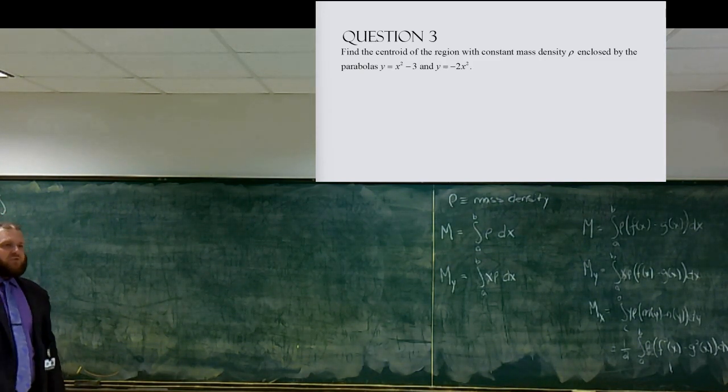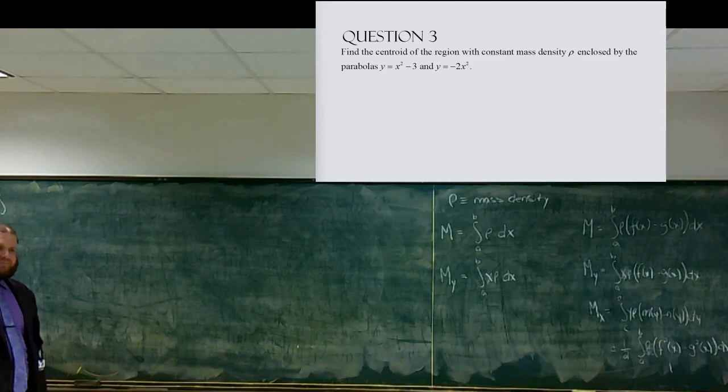So here's where we're going to have to do a little bit of algebra. Interval. Just solve the equation. Set them equal, solve for x. We're going to get what? 3x squared is equal to 3.